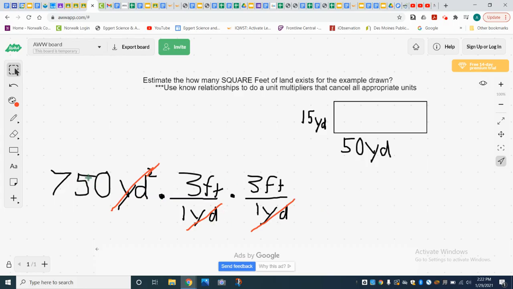So in this case, it's 750 times 3 feet times 3 feet. And if we multiply those, we should have something around 6,750 square feet.